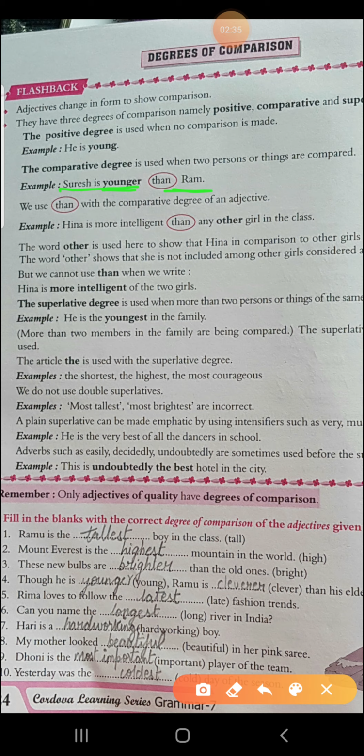You can see the second example as well. Hina is more intelligent than any other girl in the class. What you have to see is that first of all we have to use the second form, that is the comparative degree form. Then we use than with the comparative degree of an adjective. This word than will be there.